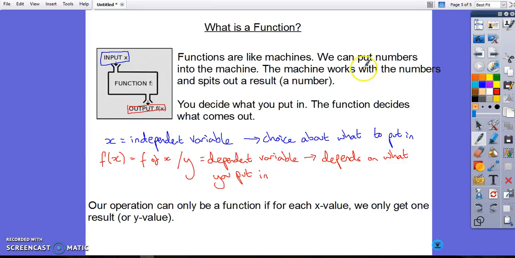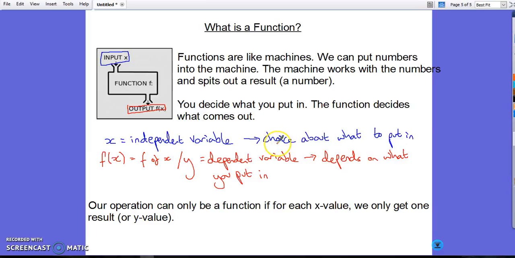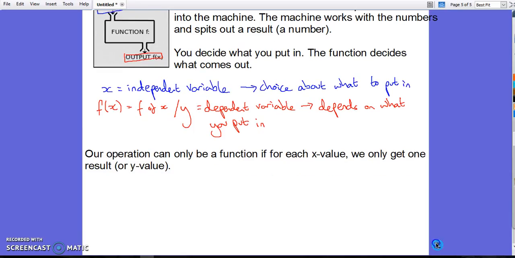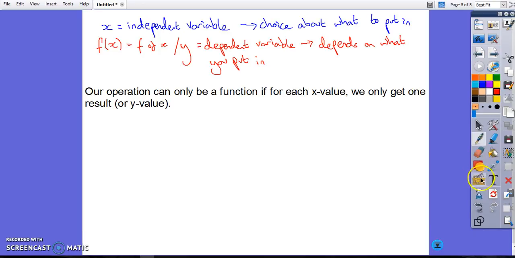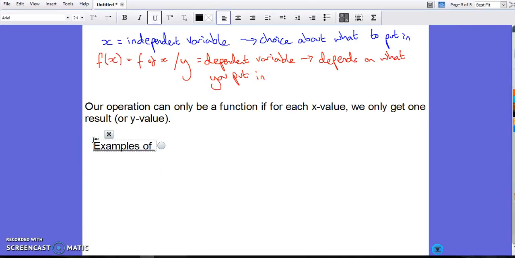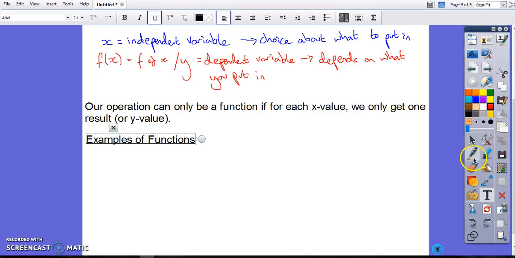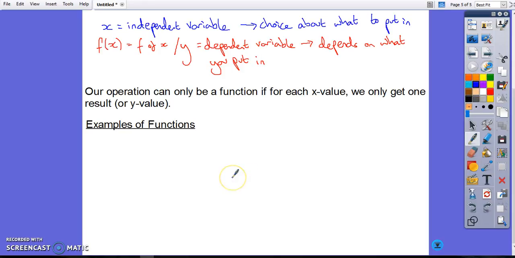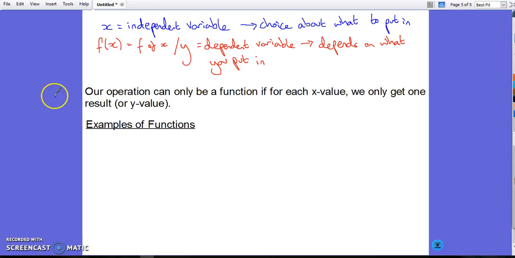Now I've said here that we have choice about what we can put in, and that's true to a certain extent. Let's take some examples of functions. For most functions, let's say the example f of x is equal to x plus 2.